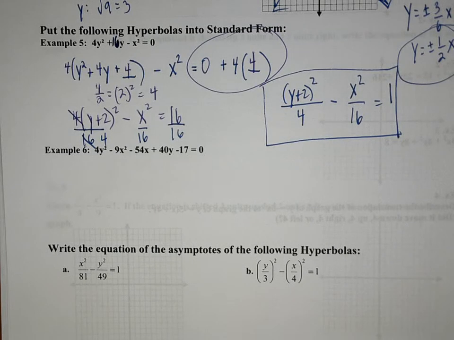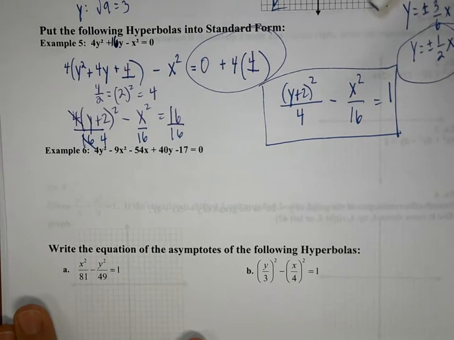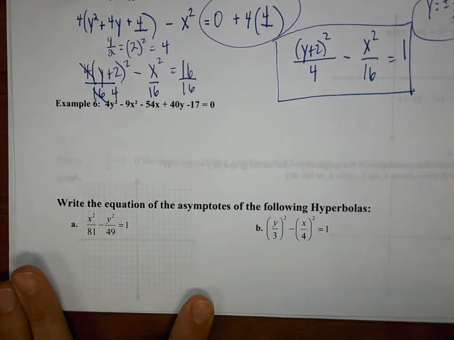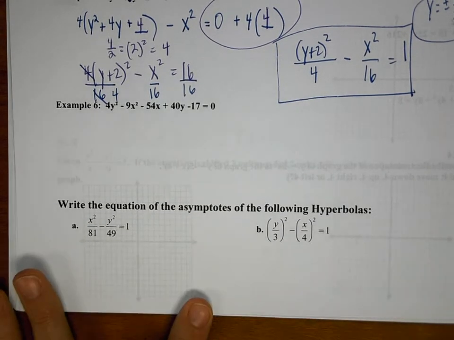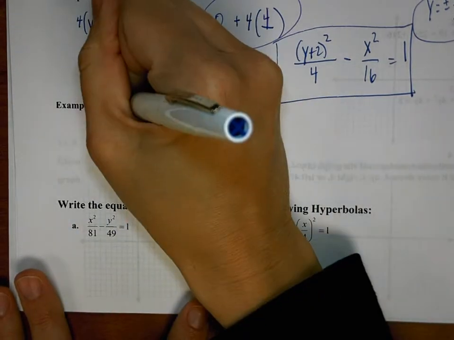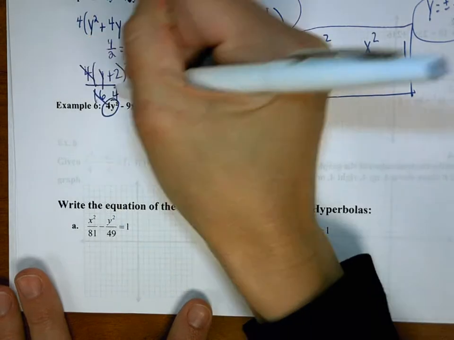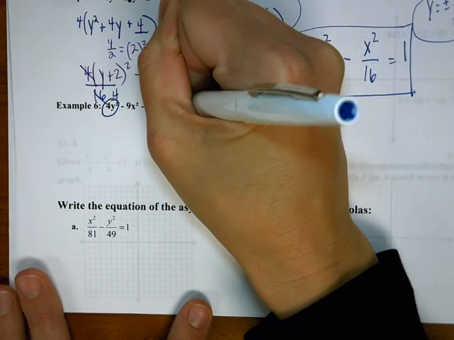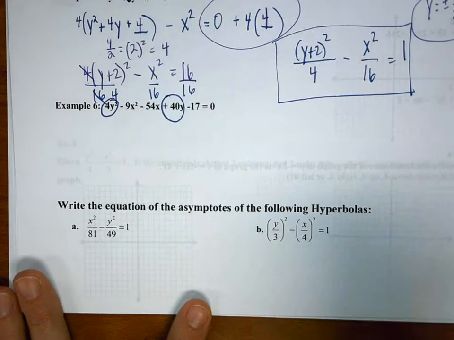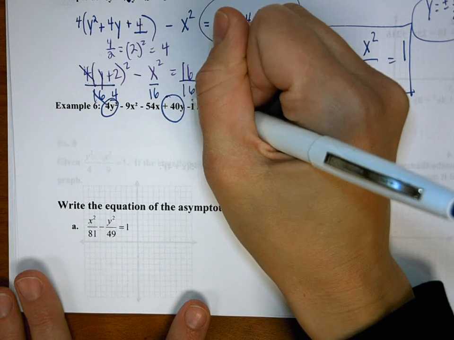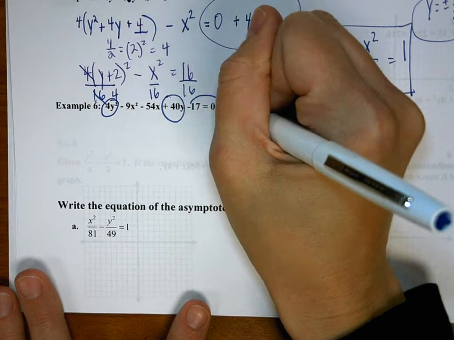Example 6. So again, we're completing the square. This time though, they have things kind of mixed up in the problem, right? So I have a 4y squared, and then I have a plus 40y, and then this negative 17. What needs to happen to it? To the other side.